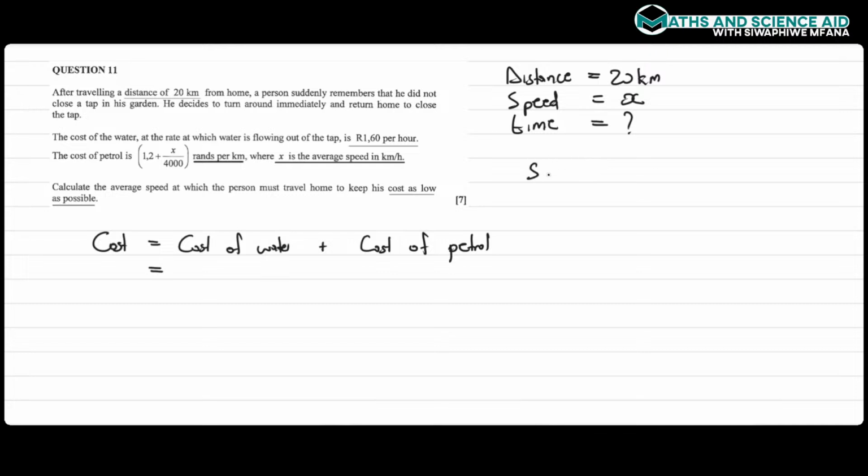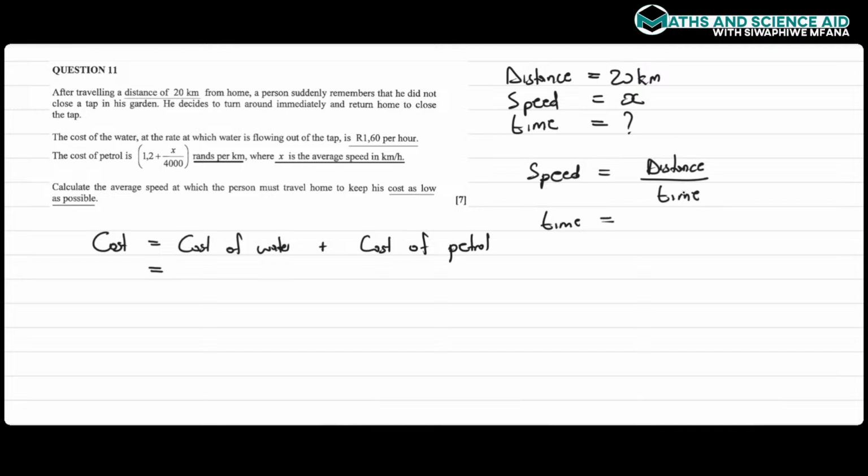So we know that the speed equals distance over time, right? So we need to solve for the time here because that time will help us in working out how much the water that has already flown out is going to cost him.